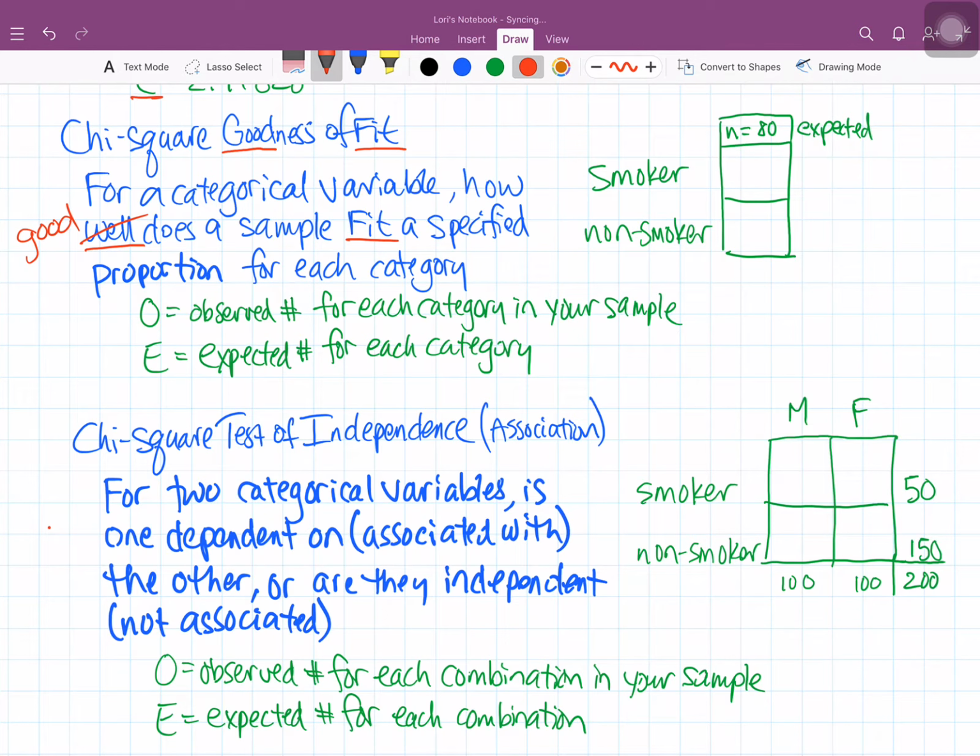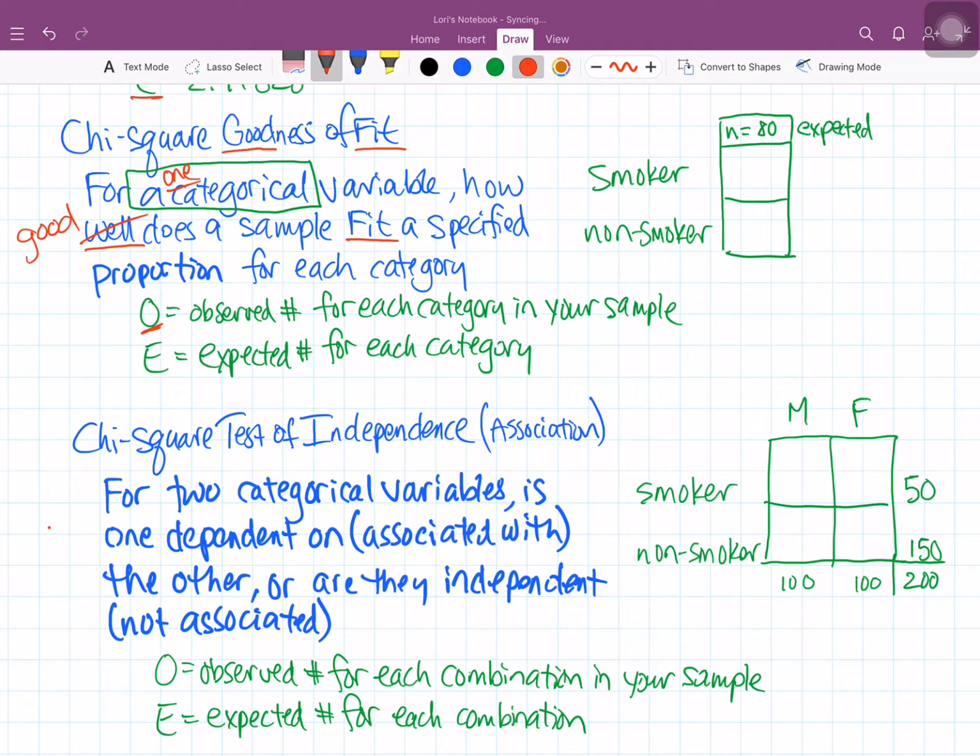The thing I want you to notice is that this is for one categorical variable, all by itself. Let's say we have this example, and we'll start filling it in just a little bit, just enough so that you can see what we're getting at. First of all, we need to know the observed number for each category in our sample.